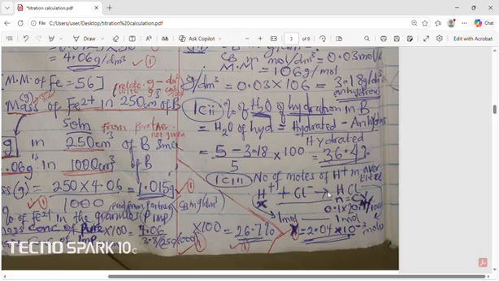But when you come to the acid HCl, its number of moles is CV. So its own number of mole is CV. Meaning that for HCl they must have given you a moles per dm cube, which is 0.1. Then volume is that average titer, which is 20.4. But remember to divide by 1000 so that it becomes dm cube.